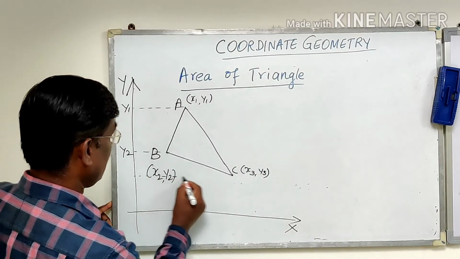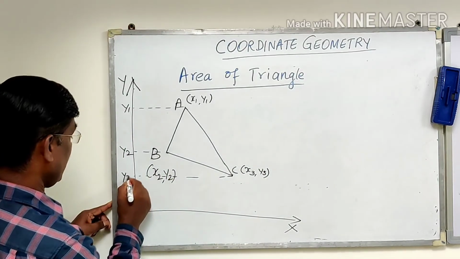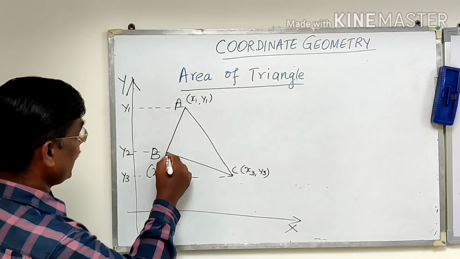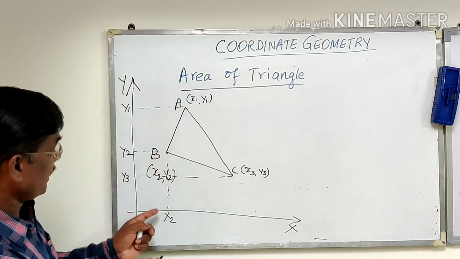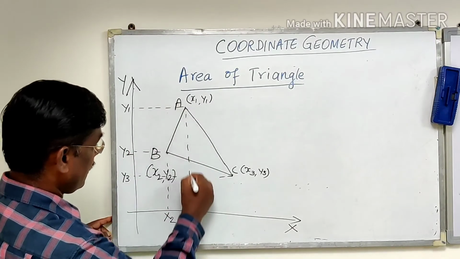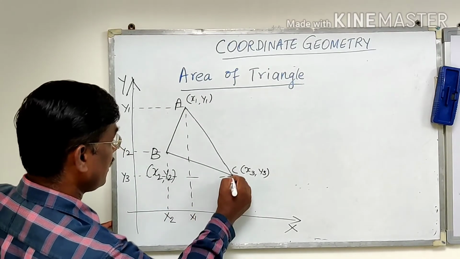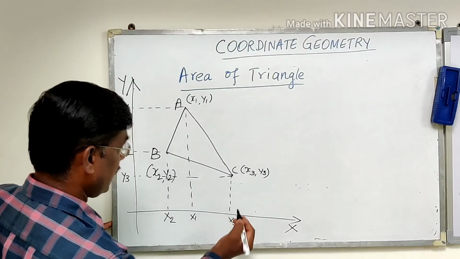And this is the point y3. Similarly, the x coordinate on the x-axis, this is x2 because B is here, A is x1, x3, right?